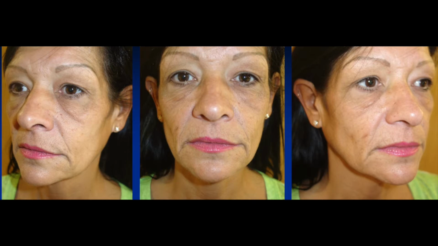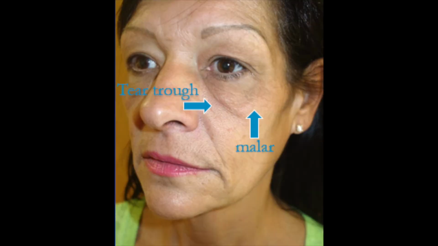In the area I have marked with the arrow, we can see the malar area, which is a very difficult area to address. This is mainly due to age and changes with time and midface descent, but it is a very difficult area to alter.